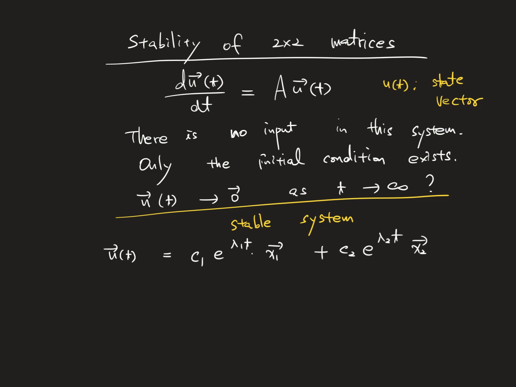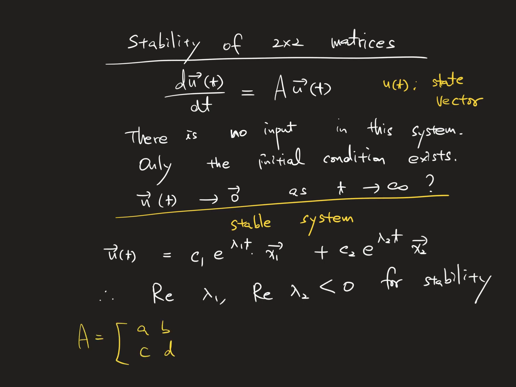So for stability, the real part of λ1 and the real part of λ2 should be negative. For example, in the 2x2 matrix case, A will be [a, b; c, d], and this is a real matrix.